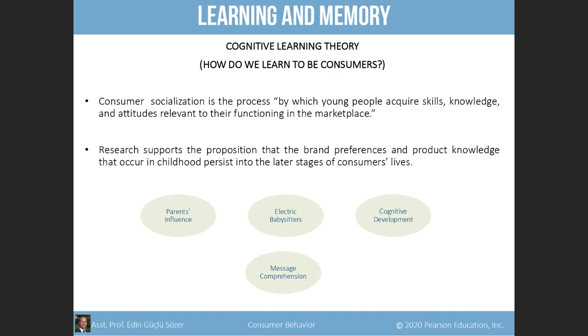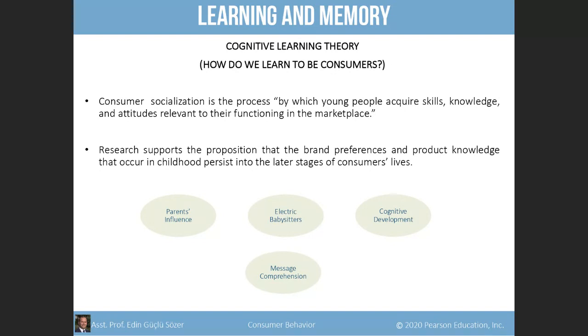Third, the cognitive development process, and the fourth one is, of course, our understanding of messages. So these four important factors shape our future consumer characteristics or consumer personality: parents' influence, the influence of media, the cognitive development, and the message comprehension.